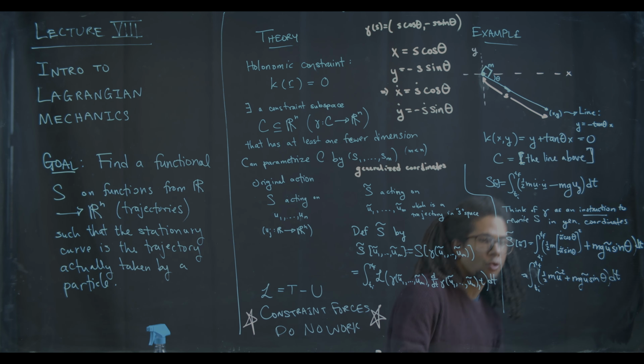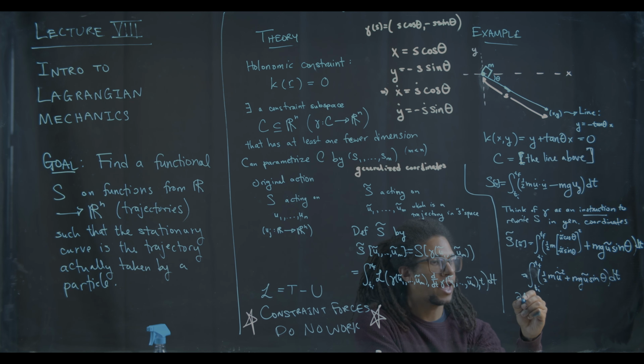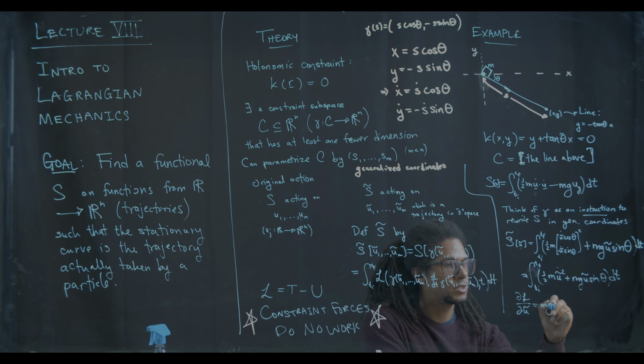Okay, let's squeeze in our Euler-Lagrange equations down here. So dL/du tilde is equal to, well, that's going to be just mg sine theta.